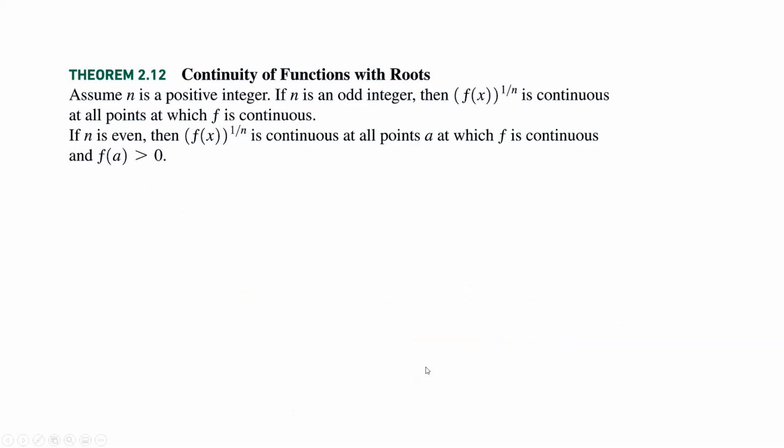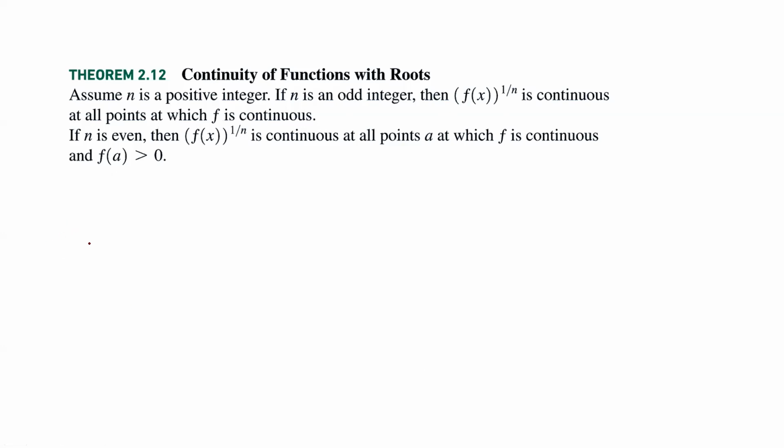So does that mean that it's going to be continuous from negative infinity to positive infinity? If it's an odd power, or a 1 over n where n is odd, then yes, it will be continuous on that interval. But if I have a 1/2 power, then it'll only be continuous on the interval when f of x is positive, so 0 to infinity?